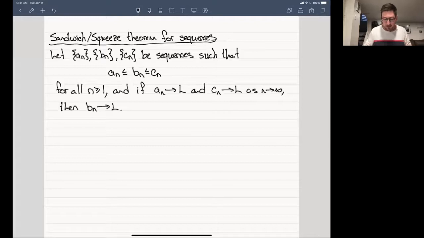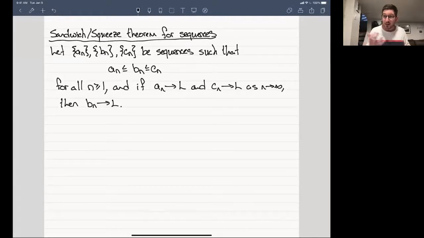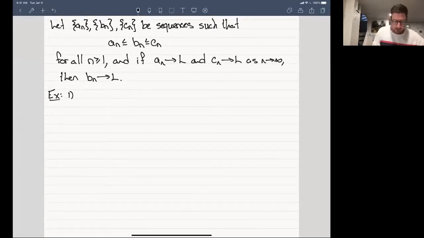So that's how you can kind of think of this, but this allows us to work with even more complicated sequences. So let me give you another example here. Let's look at the sequence cosine of n divided by n.